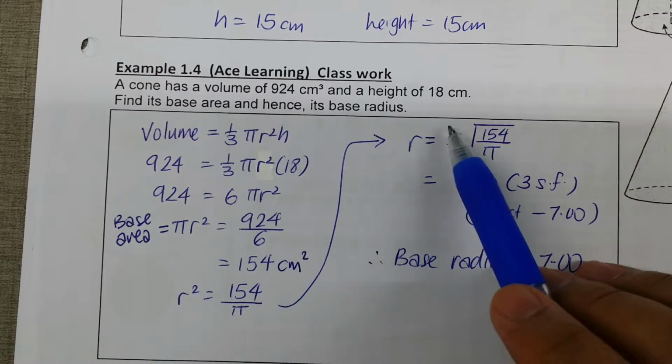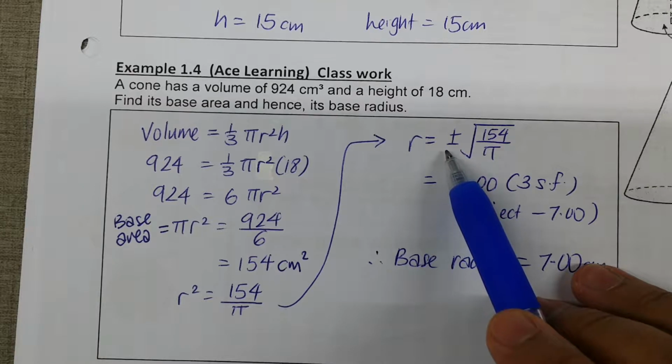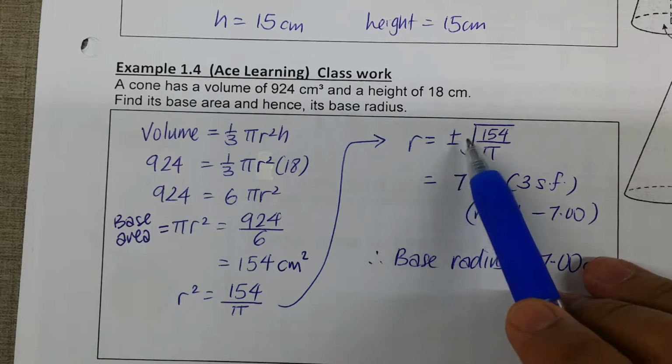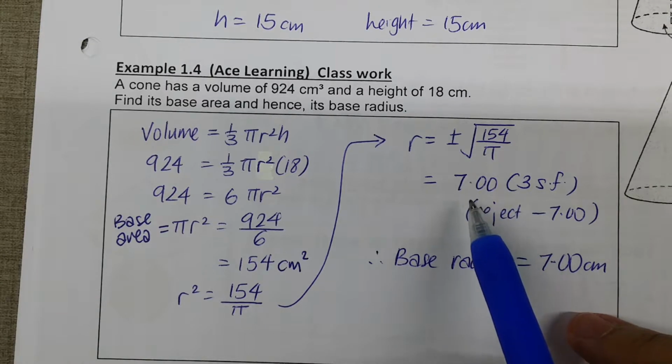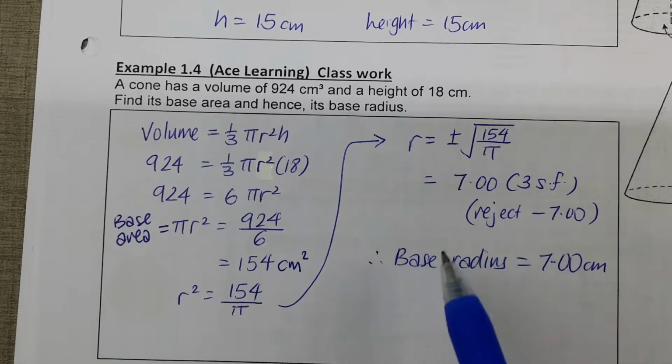Square root both sides, I must have plus or minus, right? So plus or minus square root 154 over pi. I will have two answers, either positive 7.00 and so on and so forth, or negative 7.00 and so forth. Okay, 7.00 is a 3 significant figure answer.